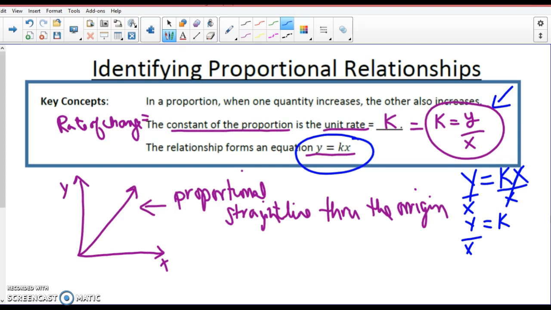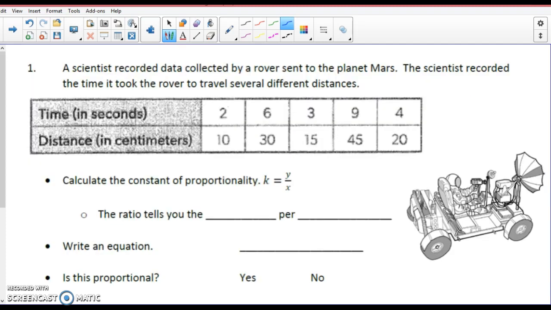Now, let's take a look at some examples. I think that this is a very easy concept. A scientist recorded data by a rover sent to the planet Mars. The scientist recorded the time it took the rover to travel to several different distances. Now, in this table, time in seconds and distance in centimeters.